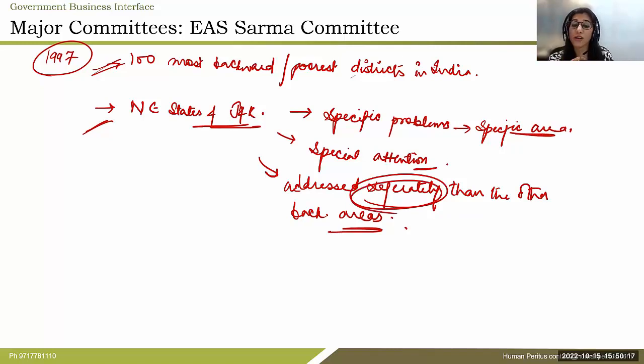For example, if the central government is planning something for all of the backward areas, the committee actually wanted to say that you should not consider one particular policy as one size fits all. Do not work upon that fundamental, because northeastern states and Jammu Kashmir are different in their needs, different in their backwardness. So you have to give them special attention. All right. So this was the major recommendation of the EAS Sharma Committee in that manner.